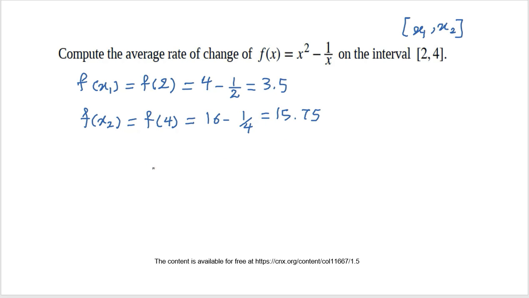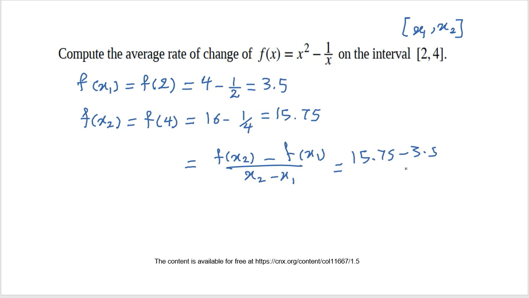So average rate is equal to f of x2 minus f of x1 over x2 minus x1 is equal to 15.75 minus 3.5 over 4 minus 2.